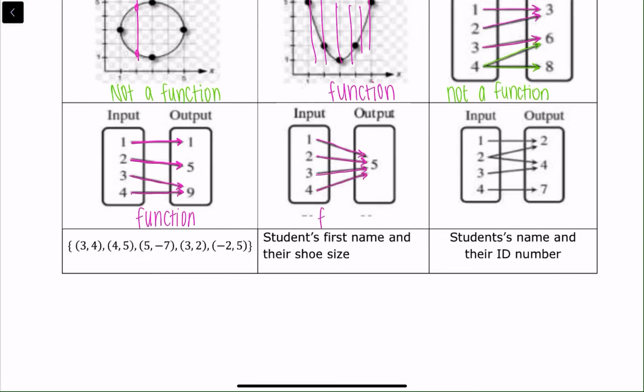So this one will be a function as well. And the last one, 1 has one output, but 2 goes to two different outputs. So immediately we know that this is not a function.